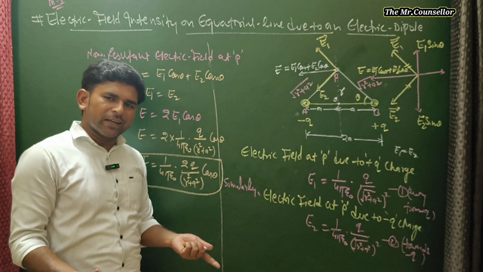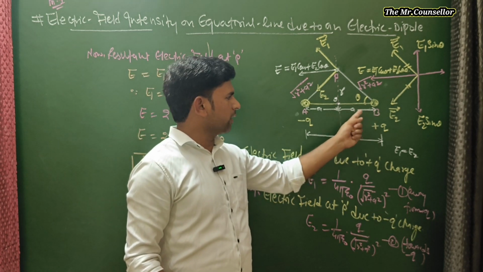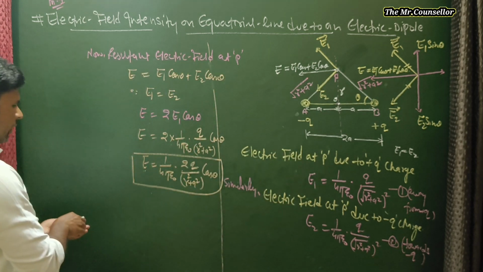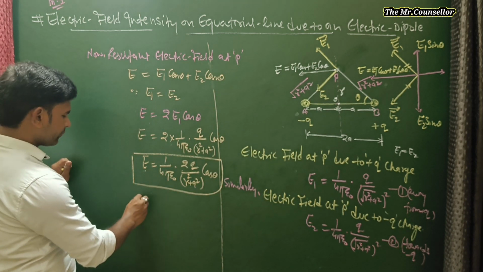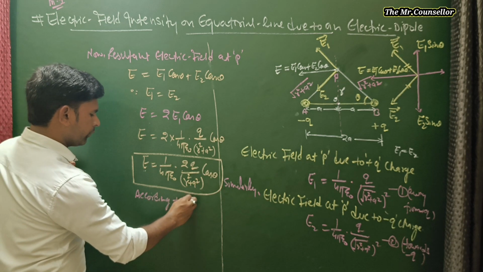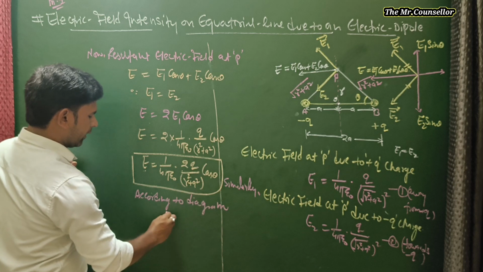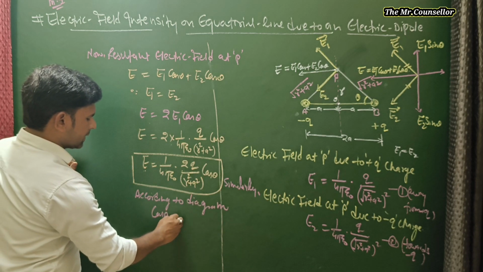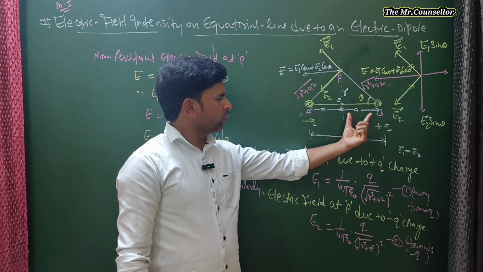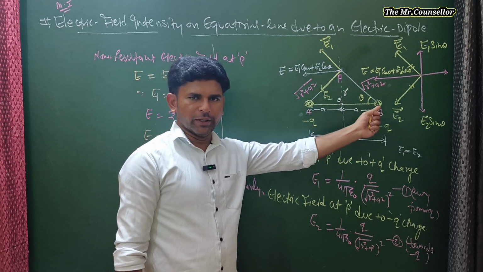So from where will you get the cos theta value? So cos theta you can apply here in this triangle BOP. According to diagram, cos theta is equal to base upon hypotenuse.